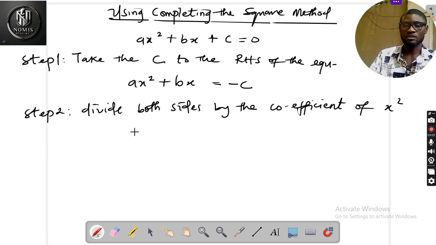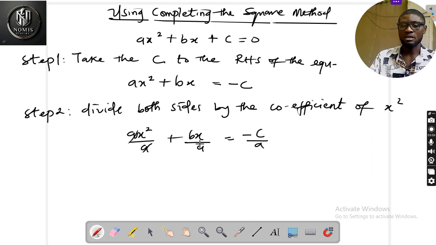So the coefficient of x squared is a. So that's ax squared divided by a plus bx divided by a equal to minus c all over a. So we know that this cancels this. We are left with x squared plus bx all over a equals minus c all over a.